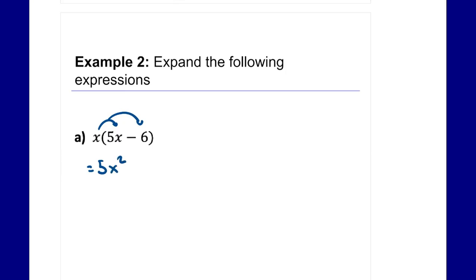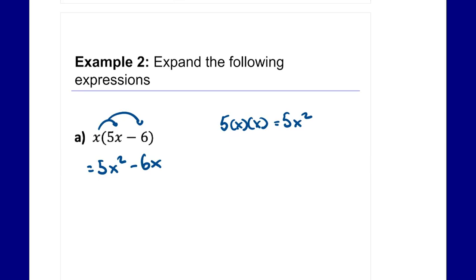You multiply like terms. The 5 is still there, right? Because this is a fancy way of saying 5 times x, and then multiplied by another x. X times x is x squared, and the 5 is still there. X times negative 6 is negative 6x.